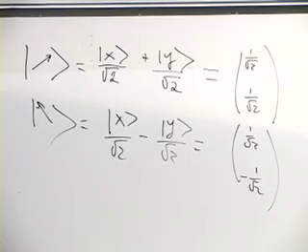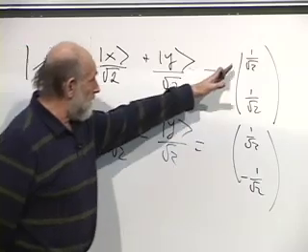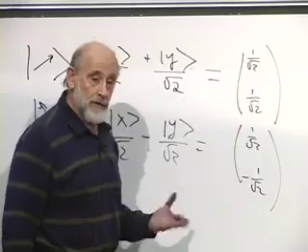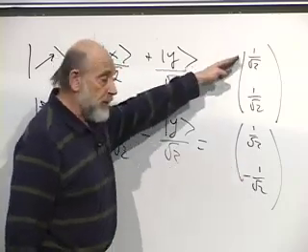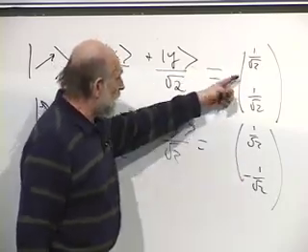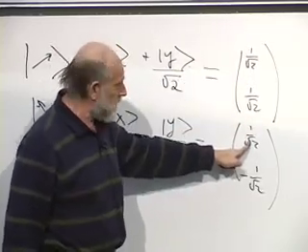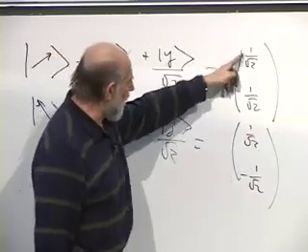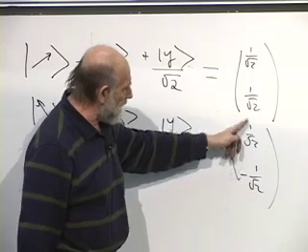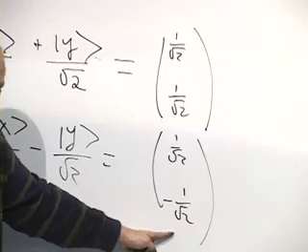Let's check that these are orthogonal. First of all, they're both normalized. Both of them, the sums of the squares of the coefficients add up to 1. No question of that. Are they orthogonal to each other? Yes. To check whether they're orthogonal, you take this times the complex conjugate of this. Everything's real here, so I can ignore the word complex conjugate. This times this plus this times this. All right, that's 1/2 minus 1/2.